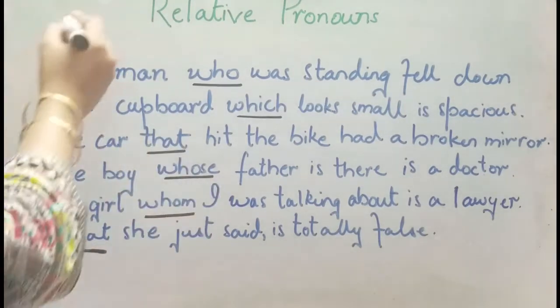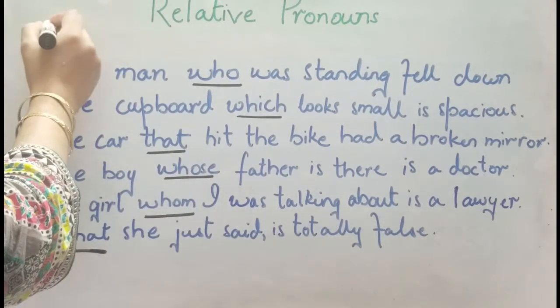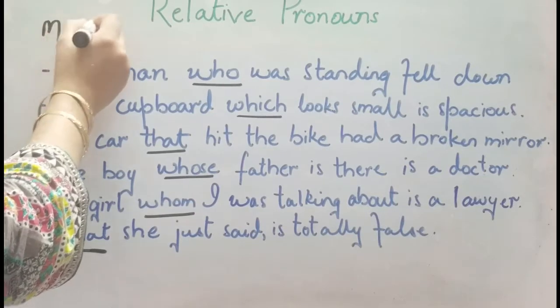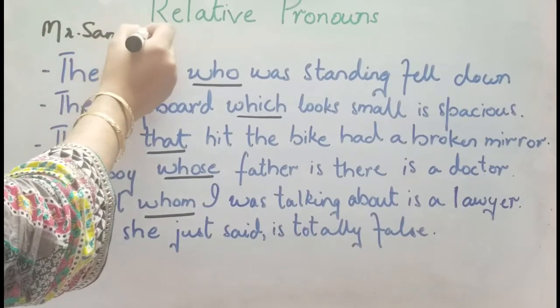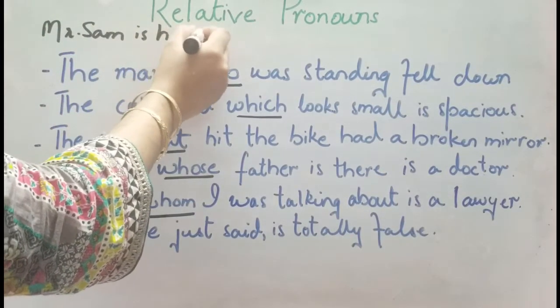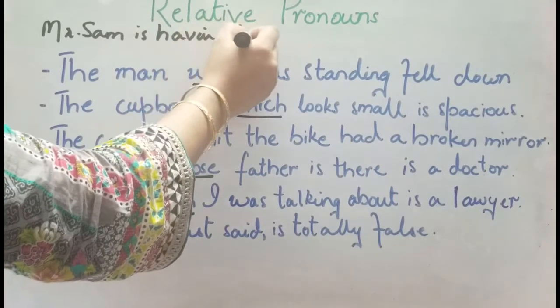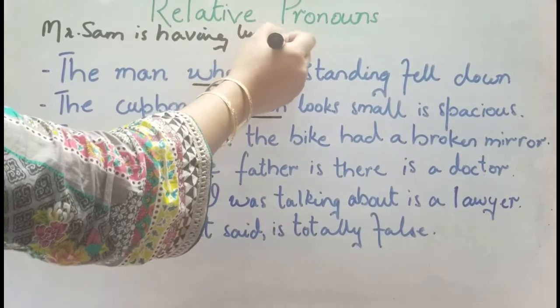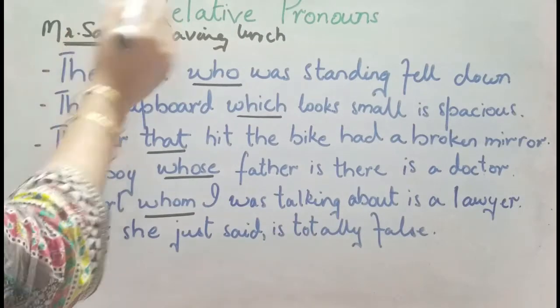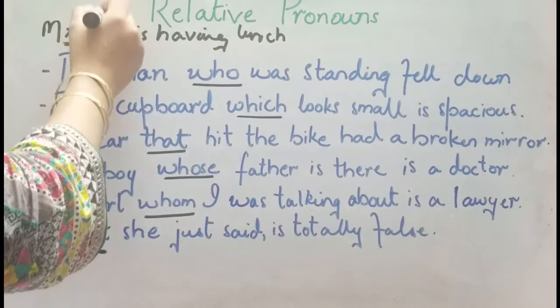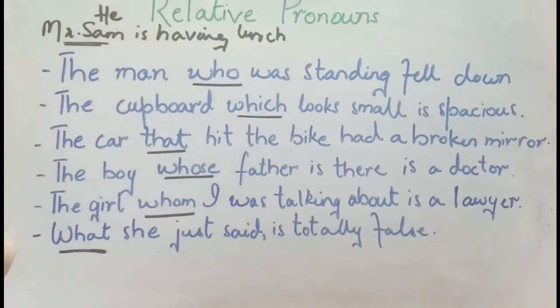Okay, I write the example and mention the example here. Mr. Sam is having lunch. And I simply replace this term with my pronoun, that is he. So to make things simple, not to repeat words, we use pronouns in a sentence.